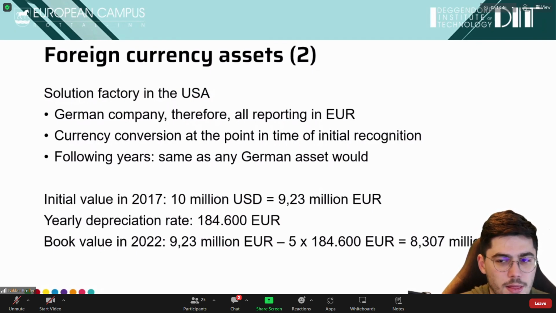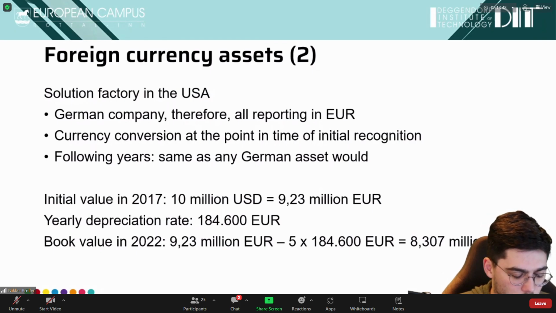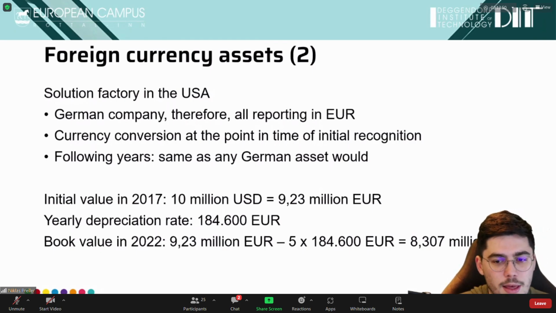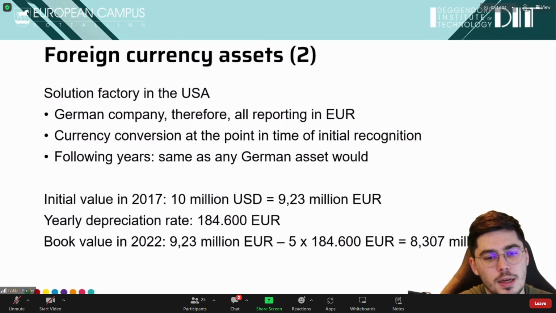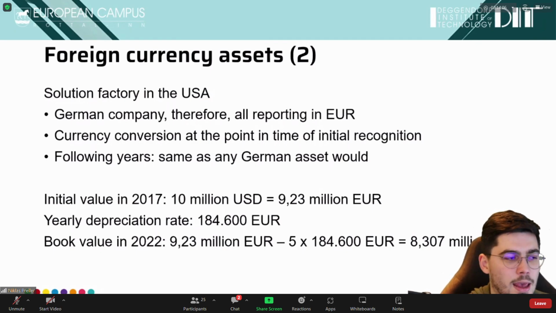So there's a specific standard for how to deal with high inflation countries. But typically, you would assume that inflation means a loss in value compared to another currency.